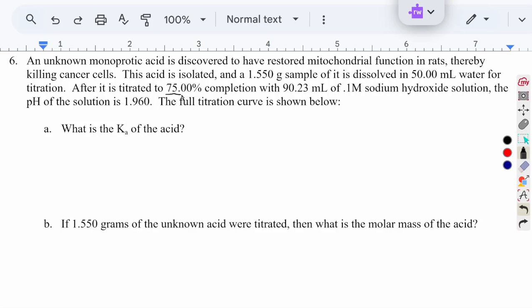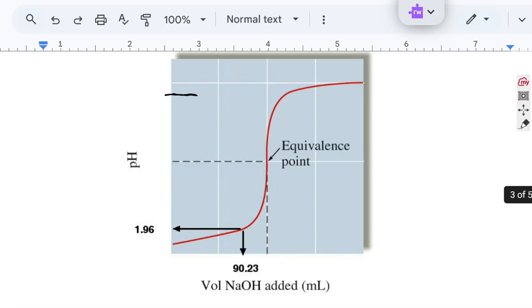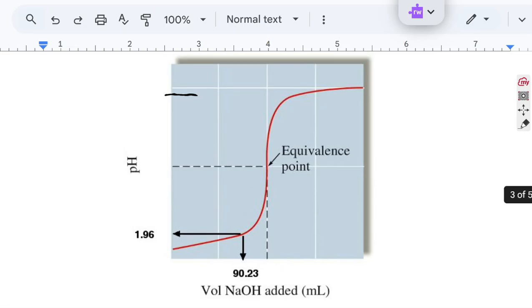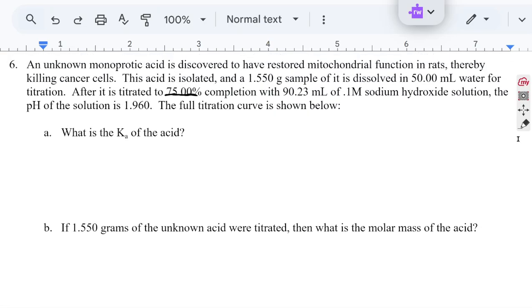This is a little bit tricky. Be very careful when you see this. I'll show you why. With 90.23 milliliters of 0.1 molar sodium hydroxide solution, and then it gives us the pH, and then it gives us the full titration curves below, which is this right here. But that doesn't really give us any new information at the moment. So it says let's find our Ka.